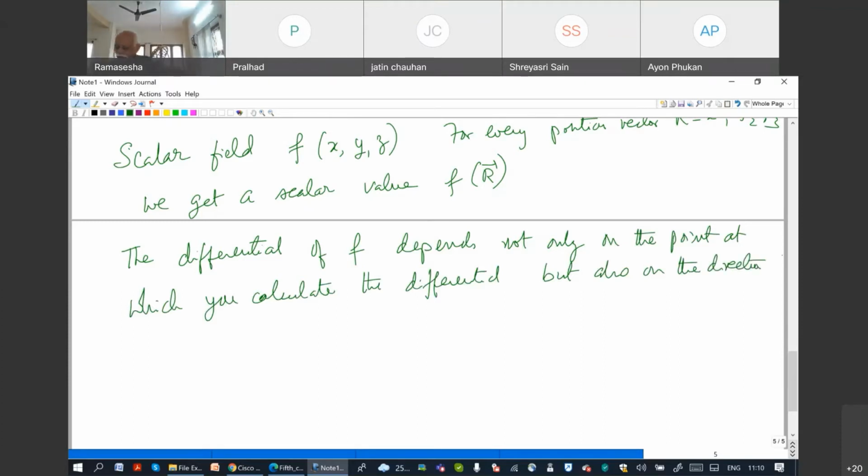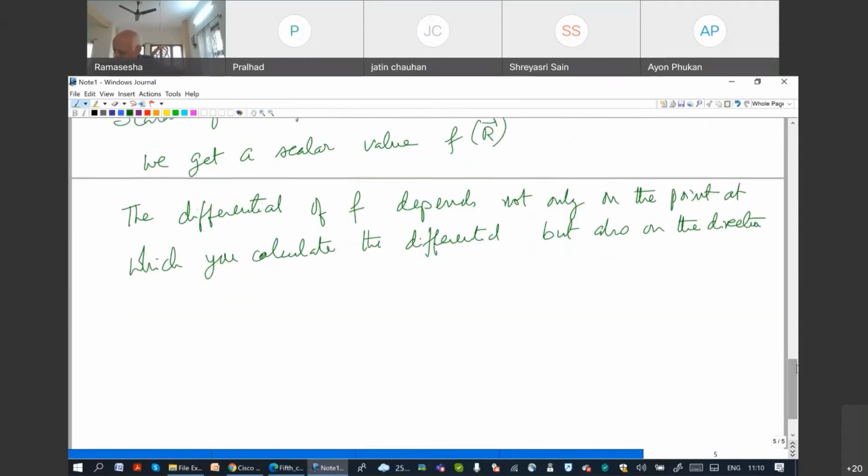For example, let me take a two-dimensional example. Supposing I have a function which goes this way.